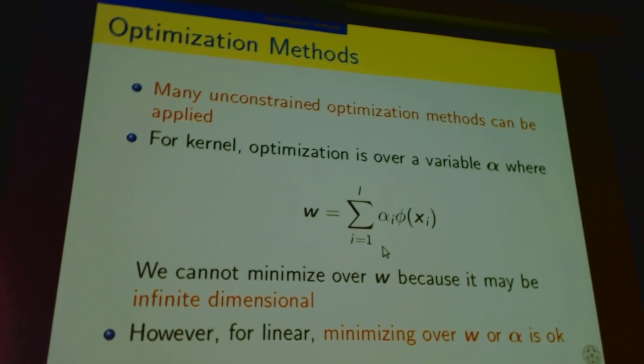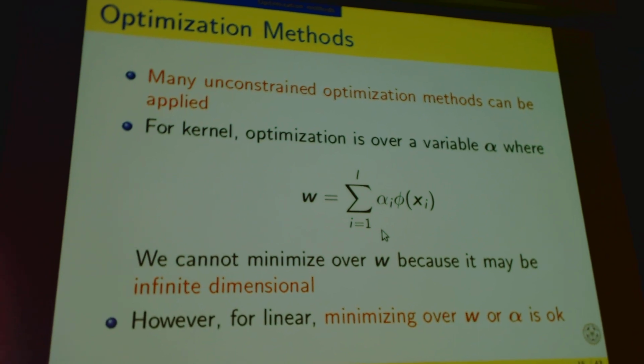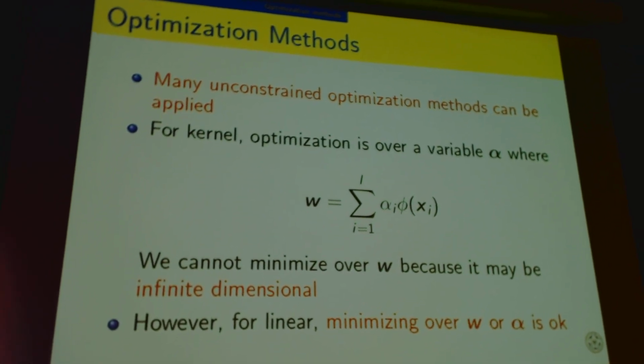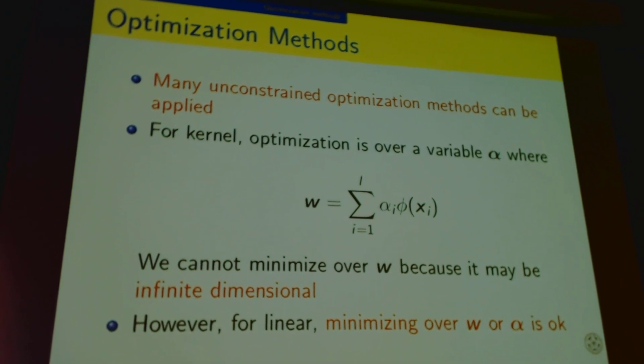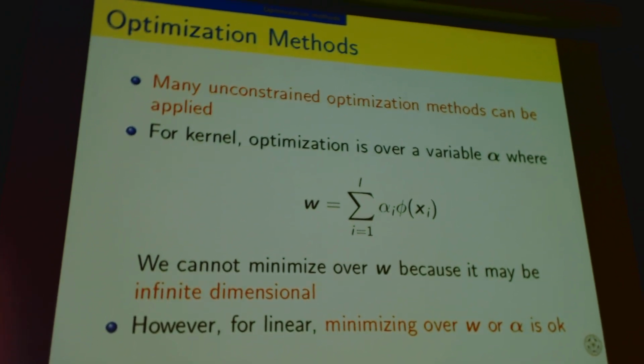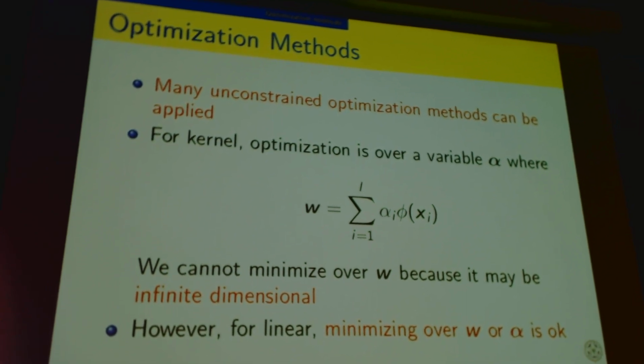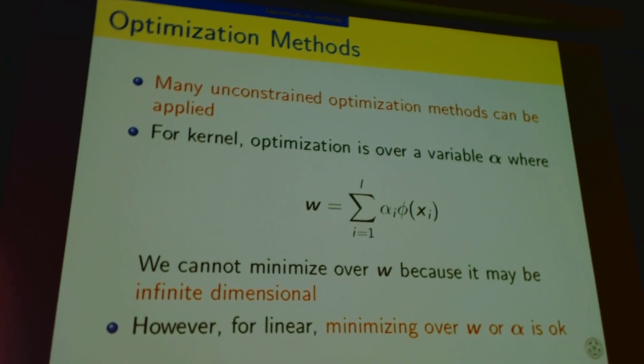So the problem becomes that when you are trying to get the model, all you need is to get the alpha. So this is more restricted, right? Because you cannot directly minimize a problem of W. You need to minimize a problem over alpha. That's a restriction.